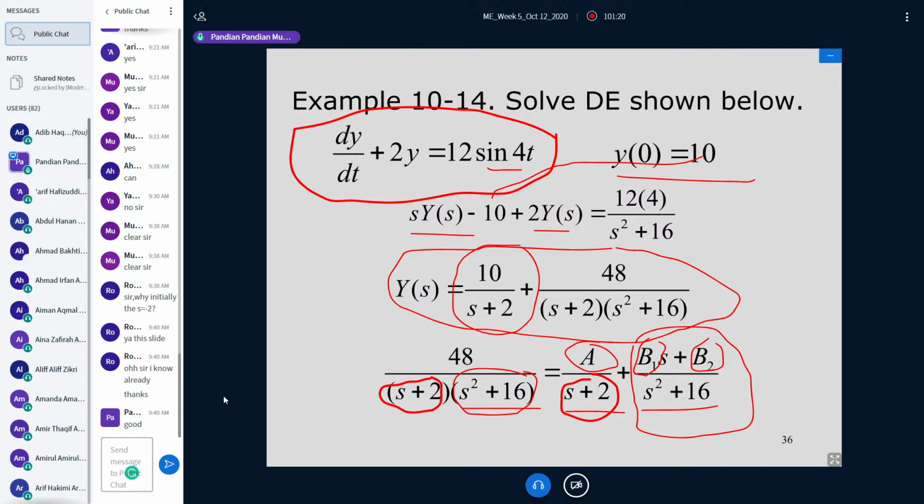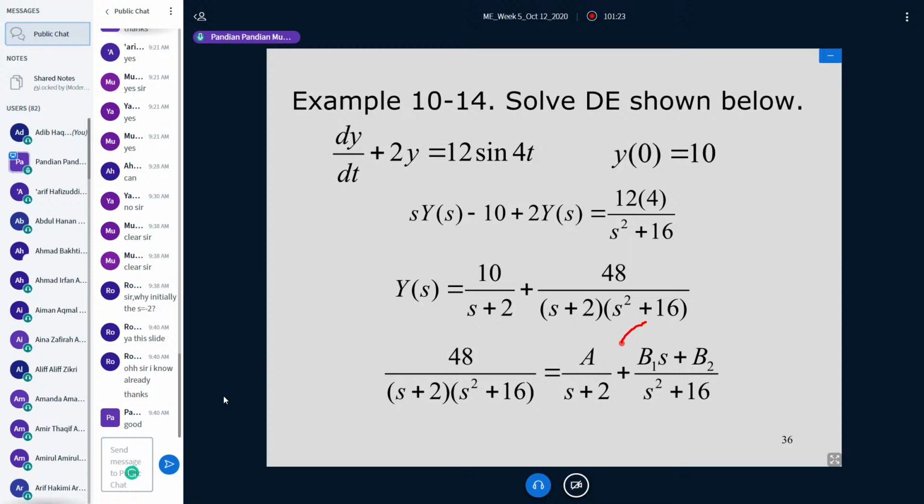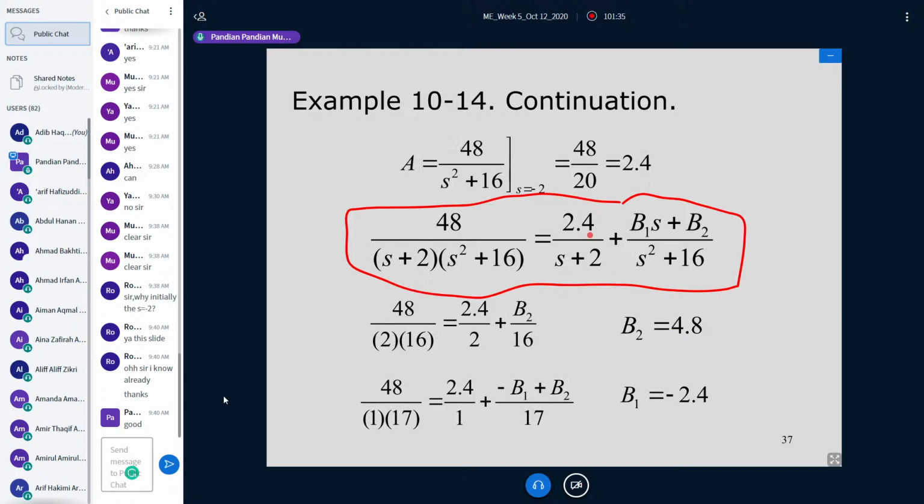But A already found. Quickly they found A. This is another way of doing it. So you have to learn this new technique. You find A, put it here, A already done. Now B1, B2 is up to you how to do it. This is the shortcut.